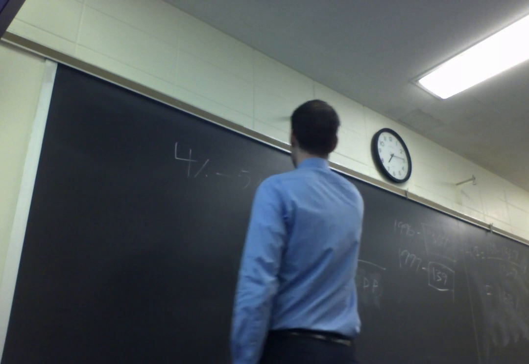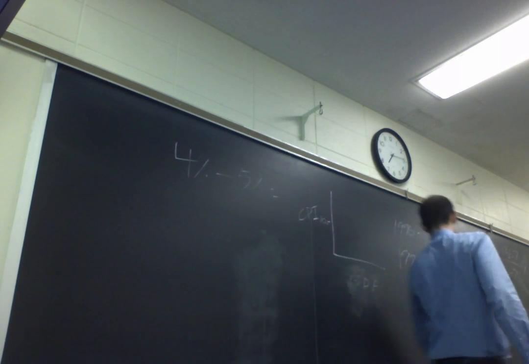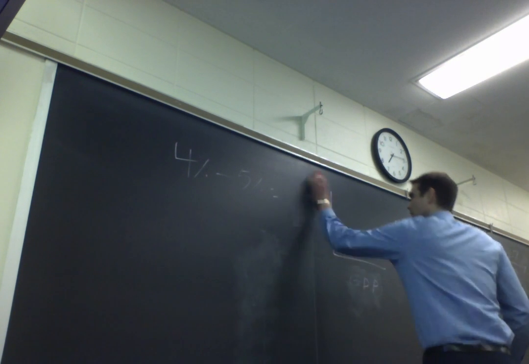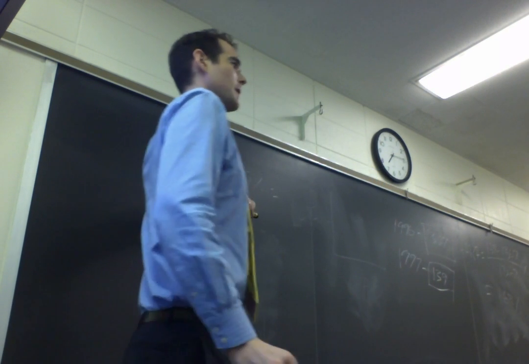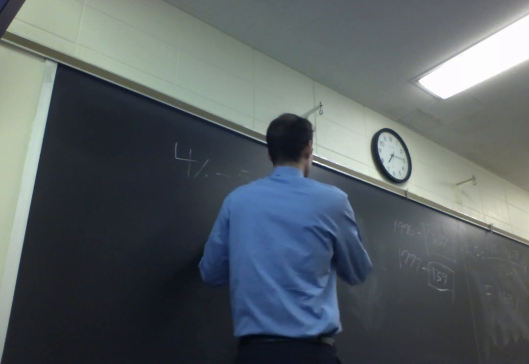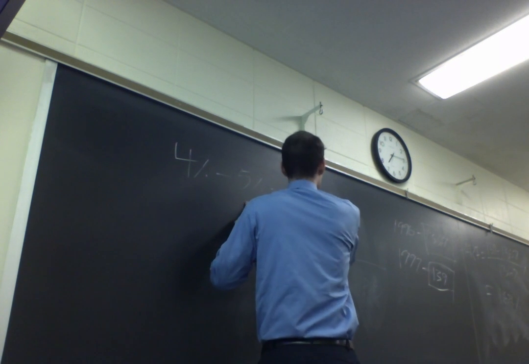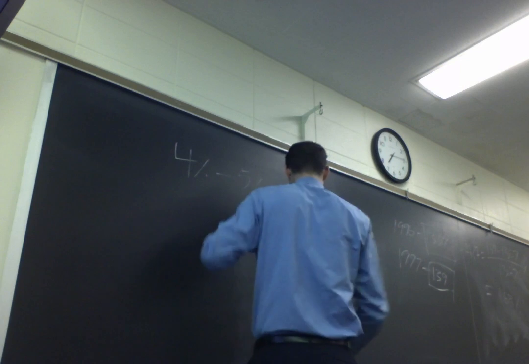All right. What's the real interest rate then? The bank's nominal interest rate is 4%. Rate of inflation is 5%. What's the real interest rate? Minus 1%. All right. So don't park your money there.